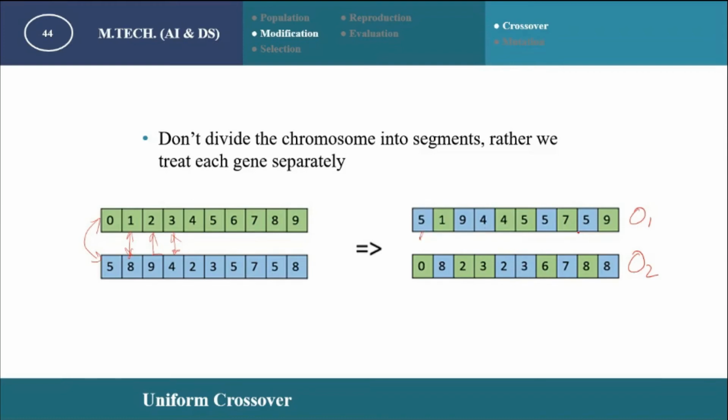So 1, 2, 3, etc. are missing. Again, 9 is also being repeated. If this is the chromosome being represented for a traveling salesman problem, then obviously this particular chromosome will not be a feasible one. This one is also not feasible, because 5 is there 3 times.